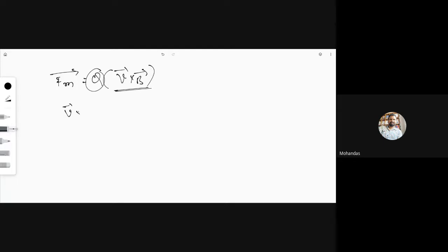So V cross B equals, as V and B are in which coordinate system? Cartesian. You have to calculate V cross B like A cross B. What is the formula for A cross B?